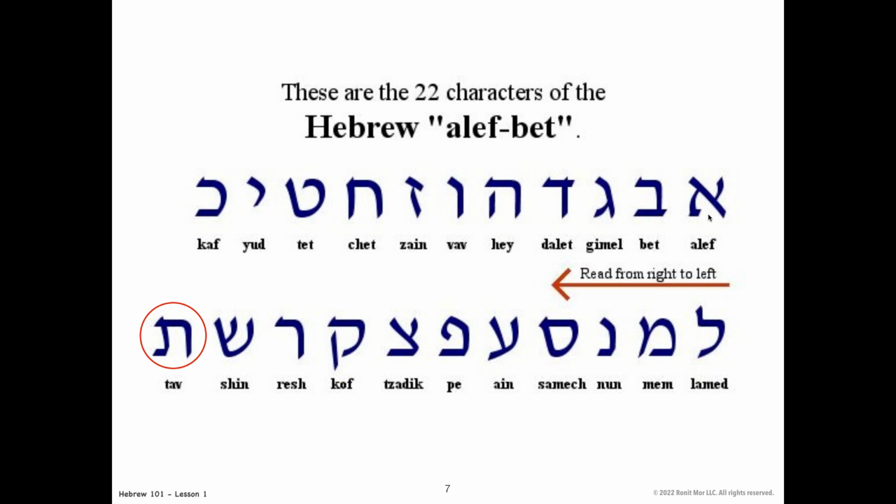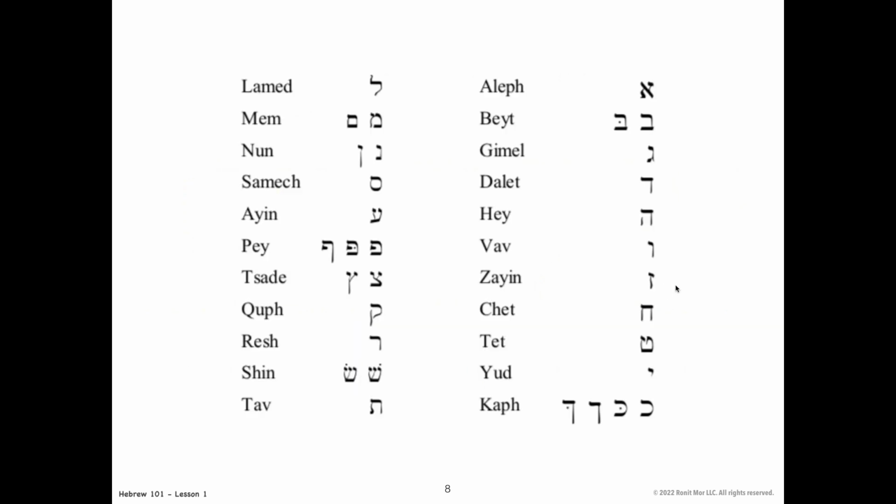Now, don't worry if you didn't get it. We are going to learn every letter until you get tired of it, so no worries. I just wanted to point out that some of the letters in Hebrew can have two sounds.